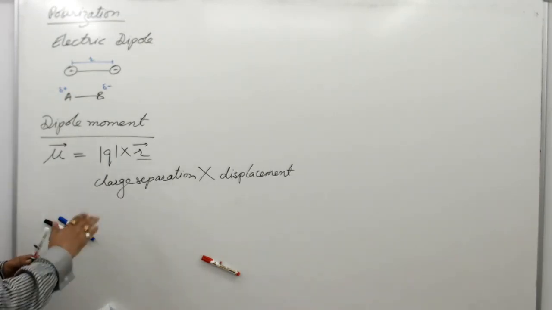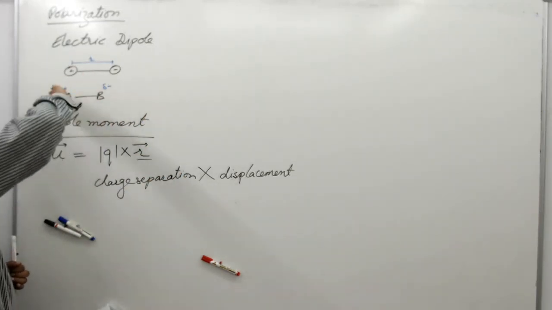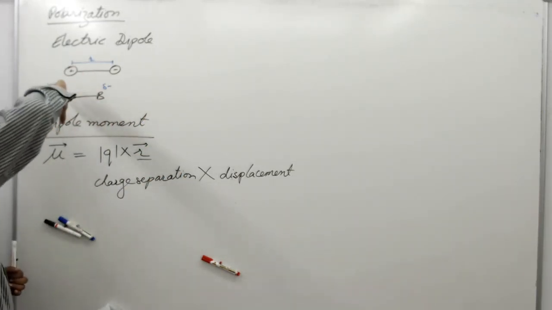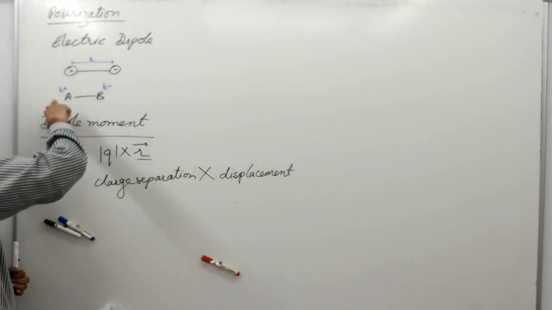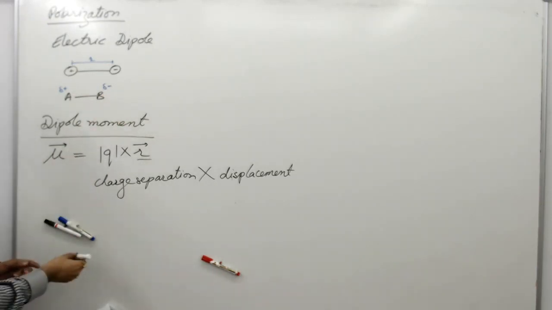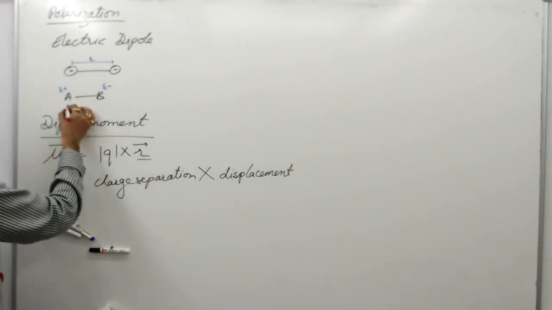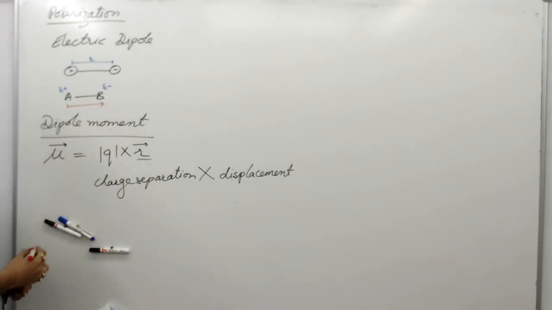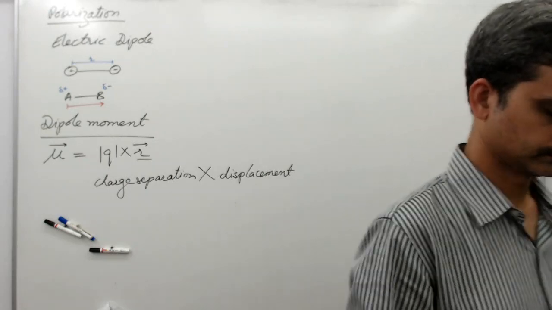If I talk about the displacement of the electron, it's quite obvious that the electron is going to move from the species which is less electronegative to the species which is more electronegative. That is, it's going to move from the partial positive to the partial negative. So, in chemistry, the direction of the dipole moment is from positive towards negative. Is that clear?